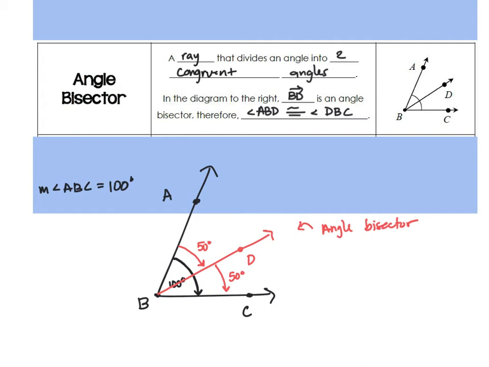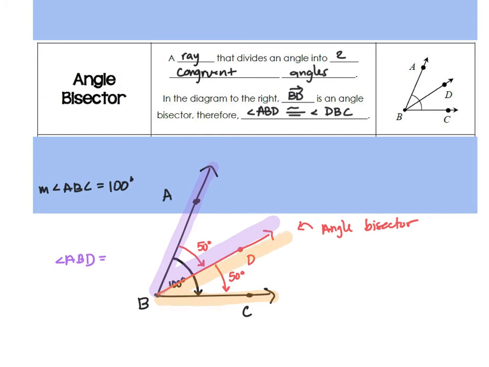Now, here's what the statement was telling you. It is telling you that this angle ABD, all right? So angle ABD is equal to this measure, which happens to be CBD, right?